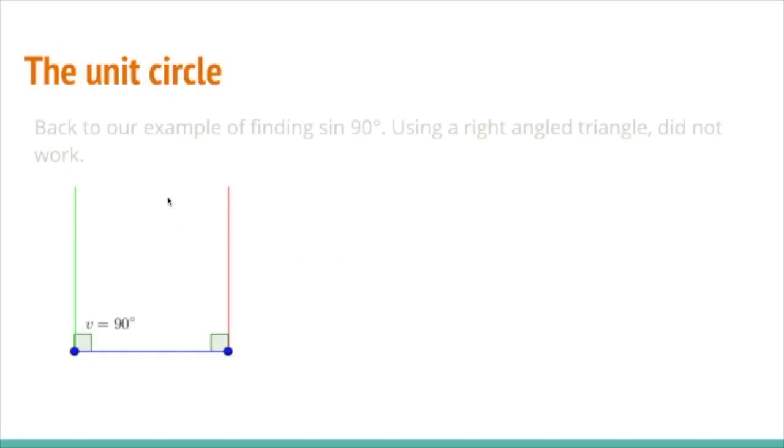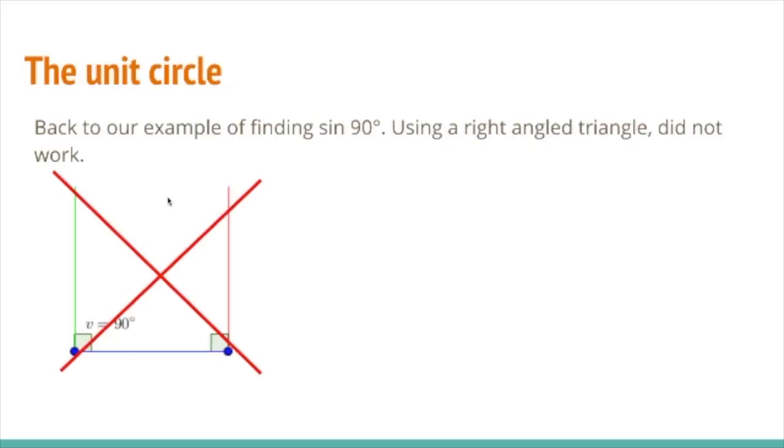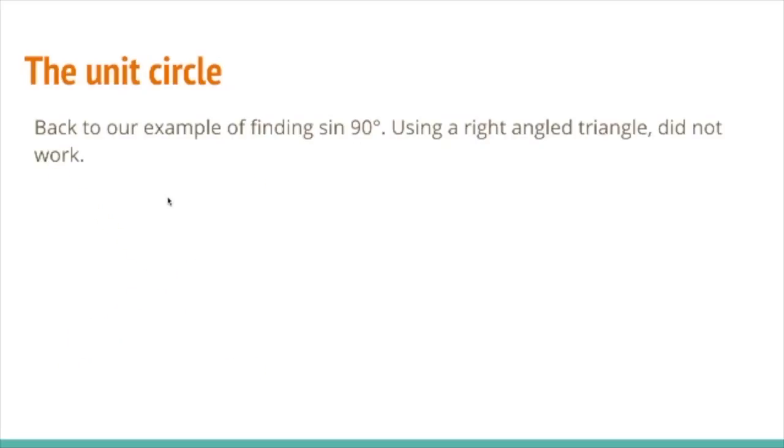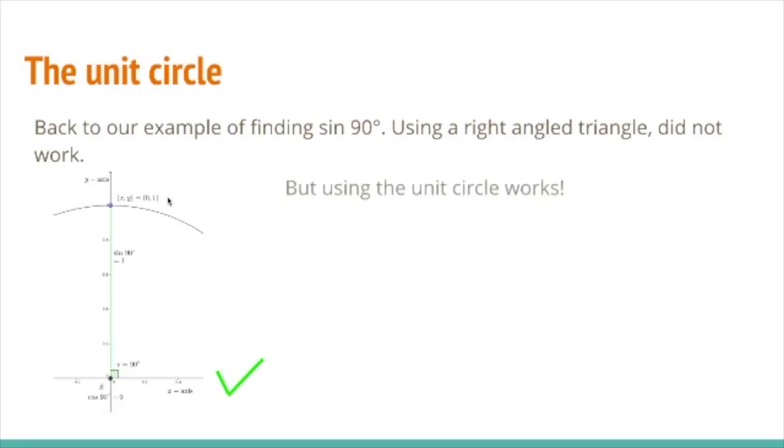Now going back to our example of finding sine of 90 degrees. Using a right angle triangle did not work. Now using the unit circle, that works. Let's look at what is drawn up here. So we take the point on the circle which gives us the angle to be 90 degrees.